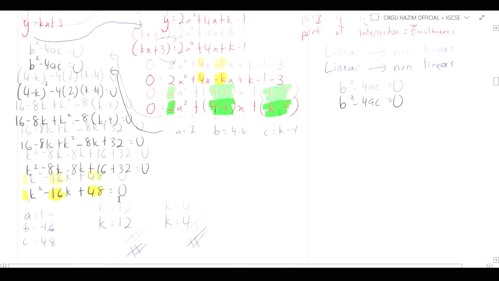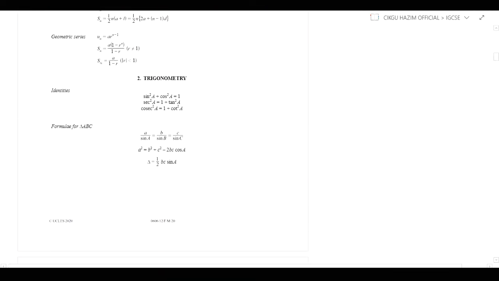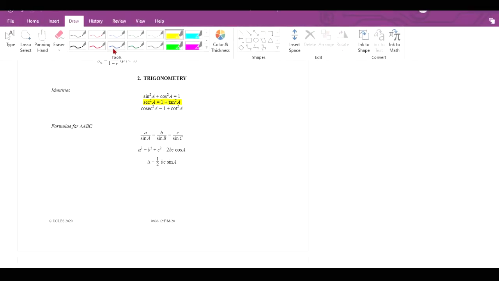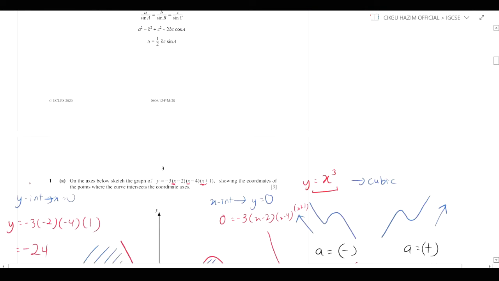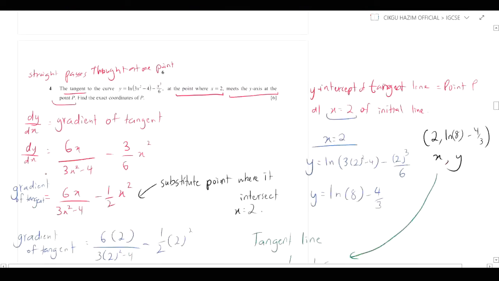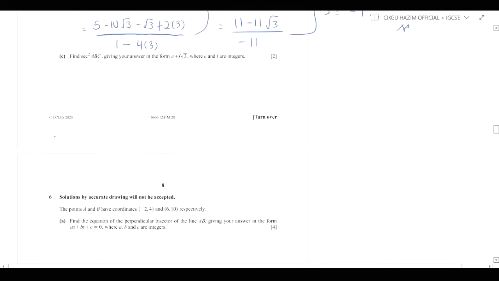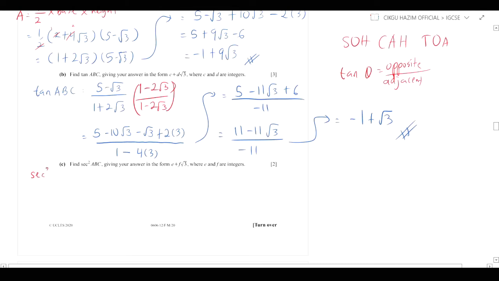Use this formula given at the top, in the list of formula, which is secant square A equal to 1 plus tangent square A. So secant square ABC is equal to 1 plus tangent square ABC. That's how we do it.